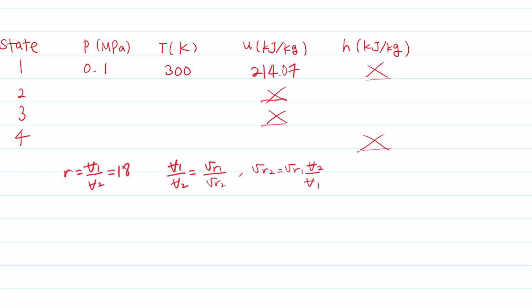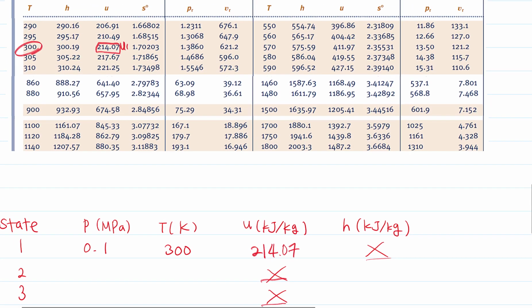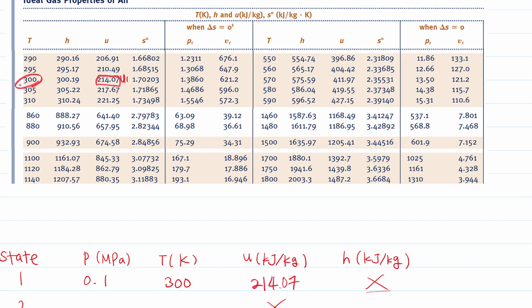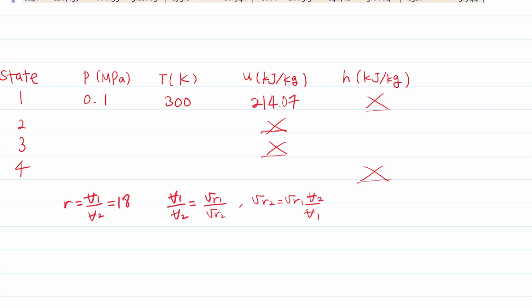We also need vr1 at state 1, the temperature 300 Kelvin. At 300 Kelvin, this is vr1. vr2 is 34.51.